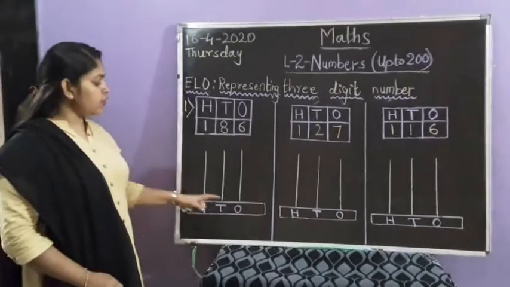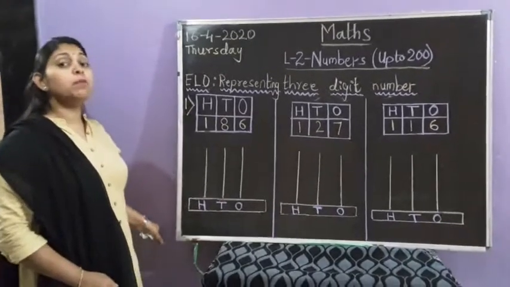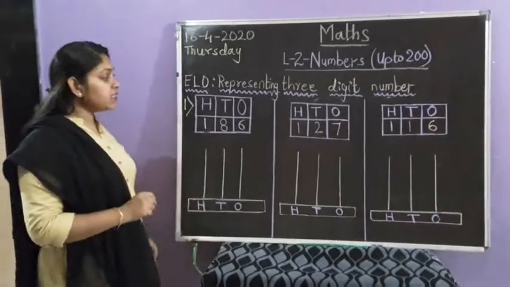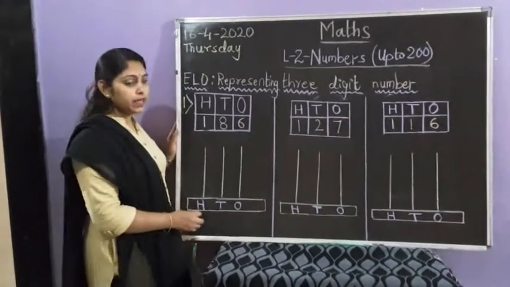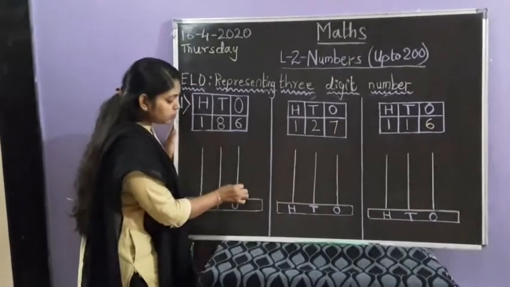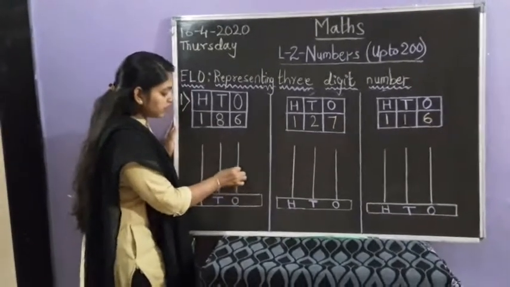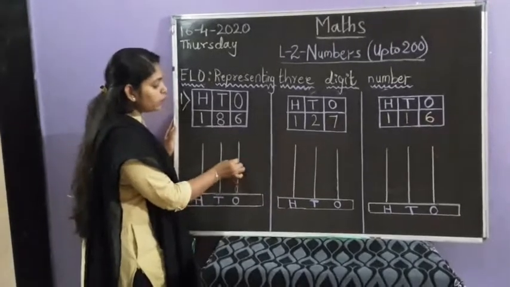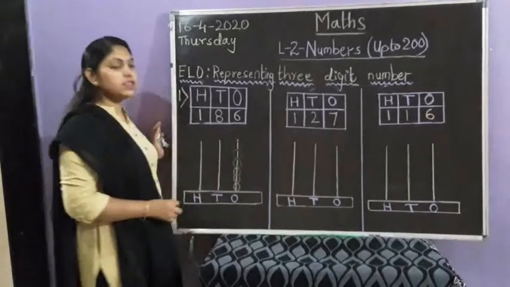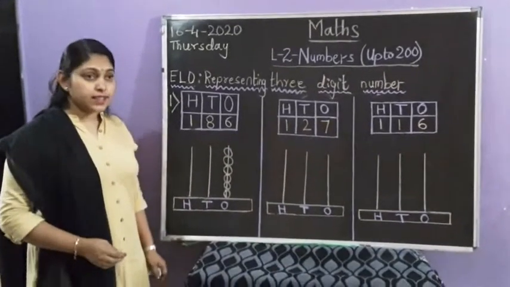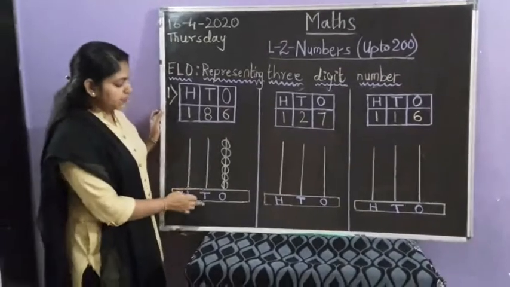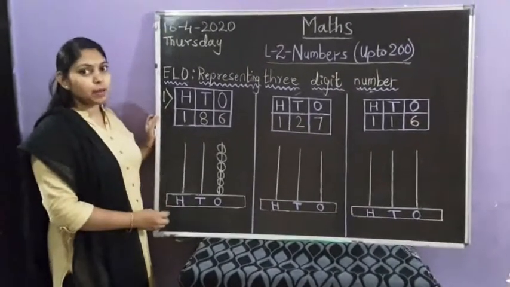So here we are going to represent the number 6 by using beads, and the number of beads will be 6 here. 1, 2, 3, 4, 5 and 6.